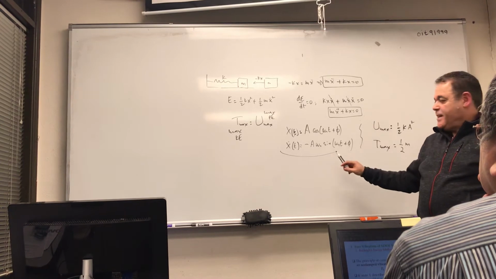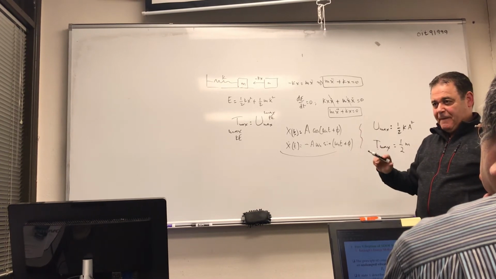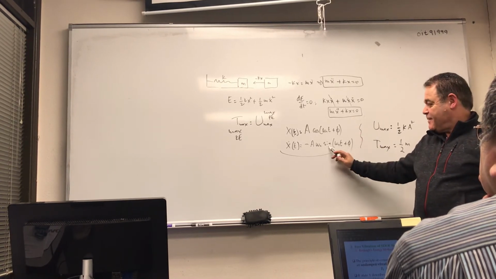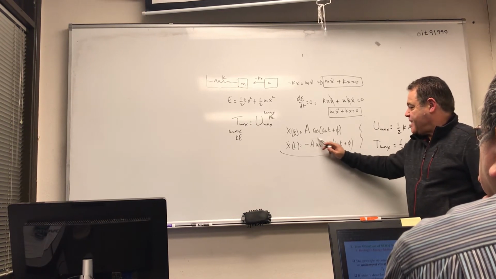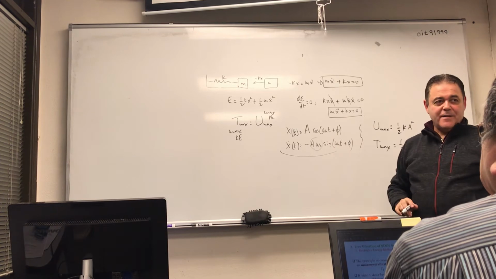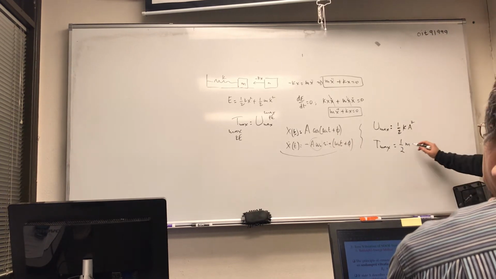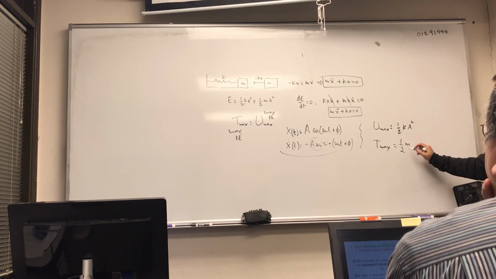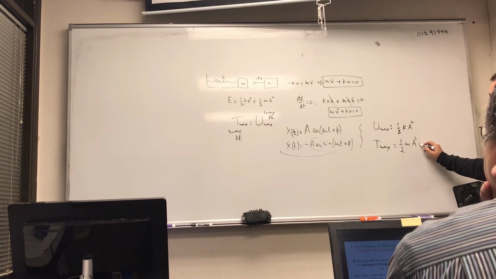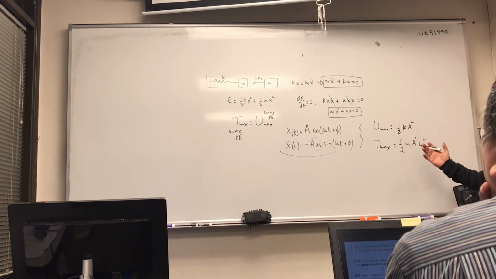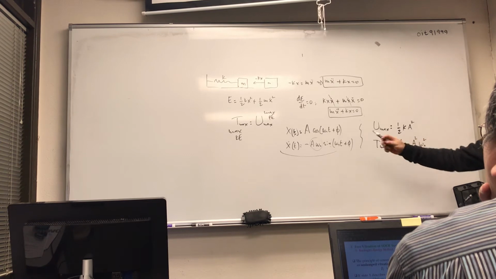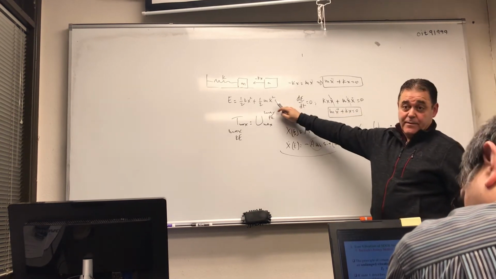What is maximum kinetic energy? Remember, the maximum value of a sine is 1, right? So the maximum speed is A omega n. So it's going to be 1/2 of m times A squared omega n squared. Do you agree? Because it's x dot squared, right?